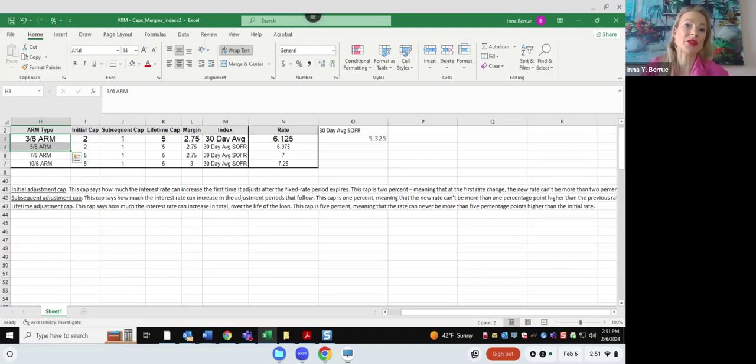The part that's fixed is the first number that you see here. I'm going to use this line as the main example. The part that's fixed is the three. For the first 3 years of this mortgage, you're going to pay the indicative rate that is stated on your note. Let's say on your note, it says 6.125.